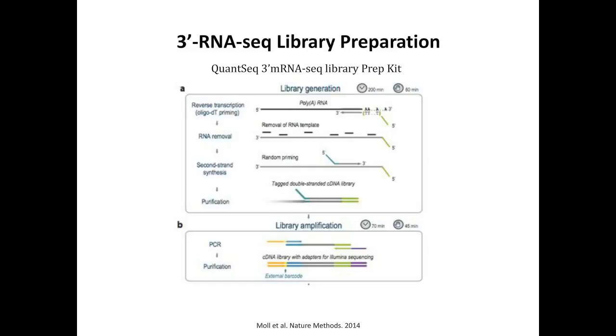So the primer is complementary to the poly-A tail of the mRNA. We will come back to this point again because it is an important thing to consider in our analysis. We will see where this is important.